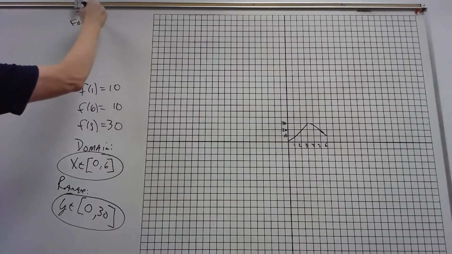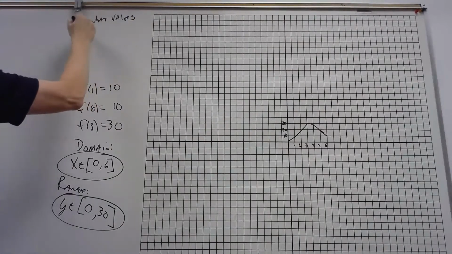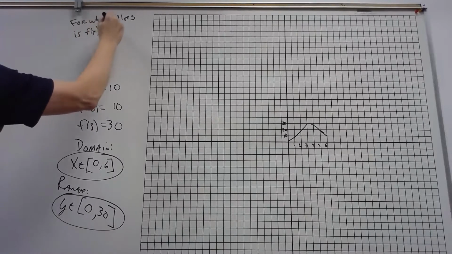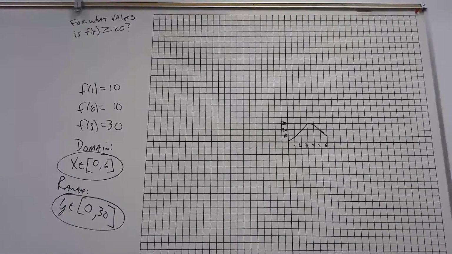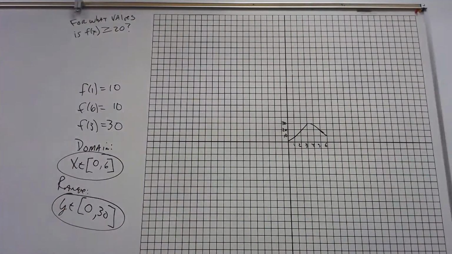For what values is f of x greater than or equal to 20? Alyssa, for what values is f of x greater than or equal to 20? 2 to 5.